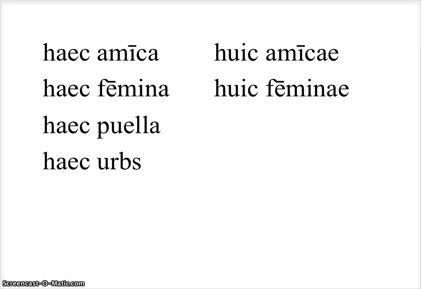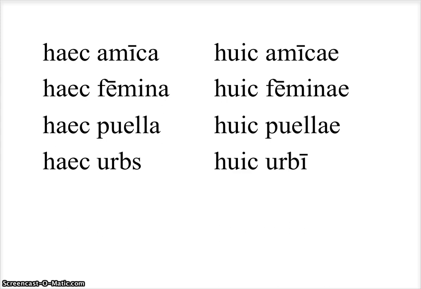Huic feminae. Let's do the same thing with haec puella, this girl, to or for this girl. Huic puellae. And finally, let's do it with a third declension noun, haec urbs, to or for this city. That is correct, huic urbi.